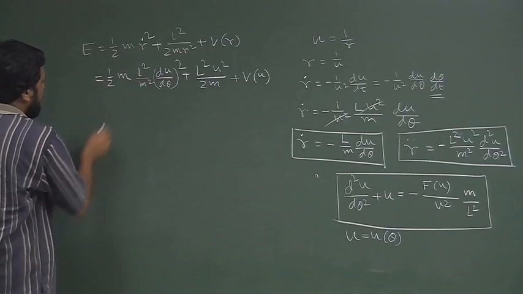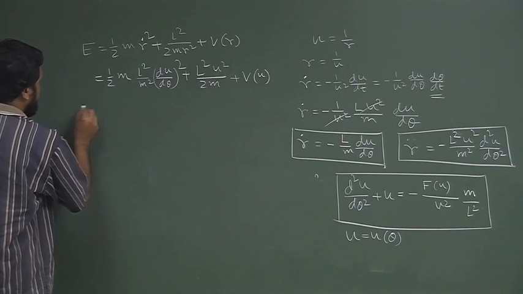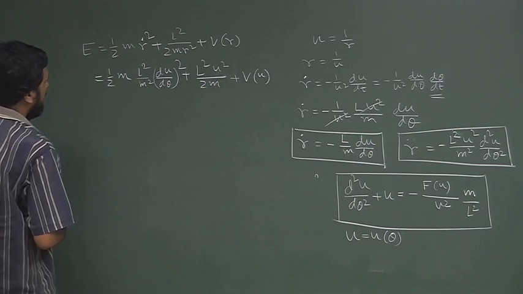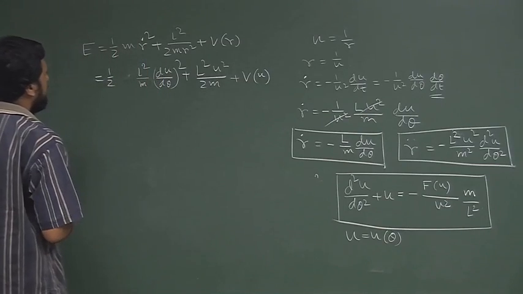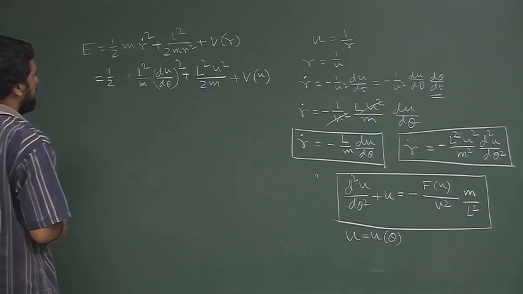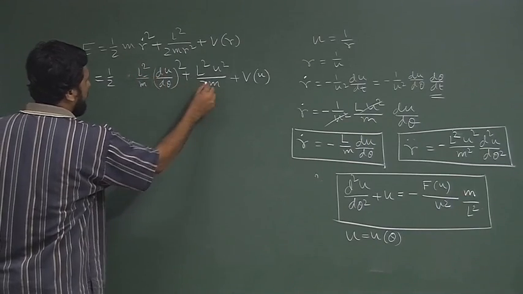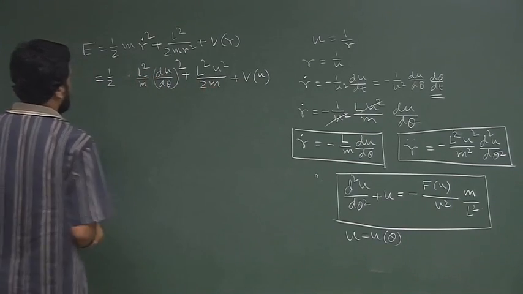Now, rearrangement of this gives you, so you see one m cancels immediately and we can take L square by 2 m common.